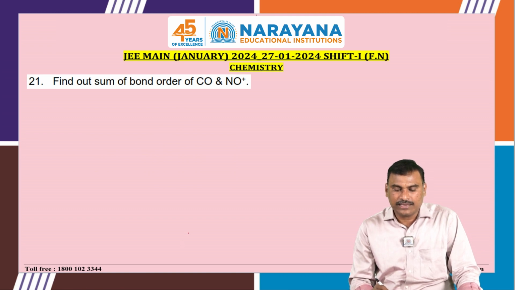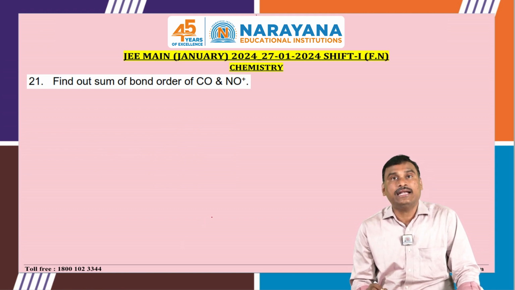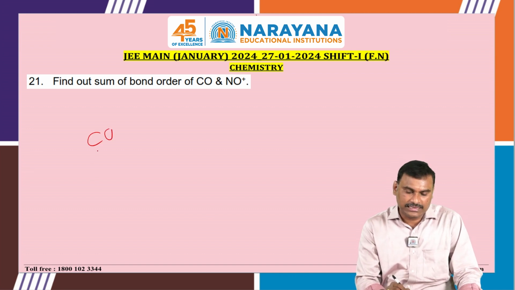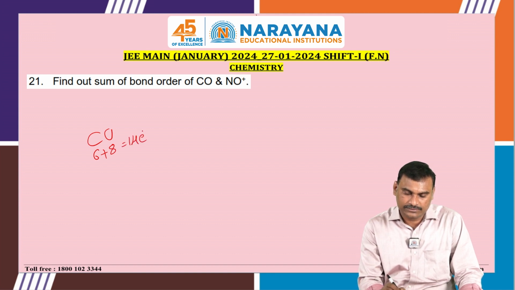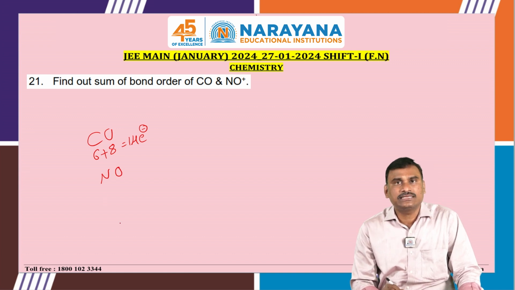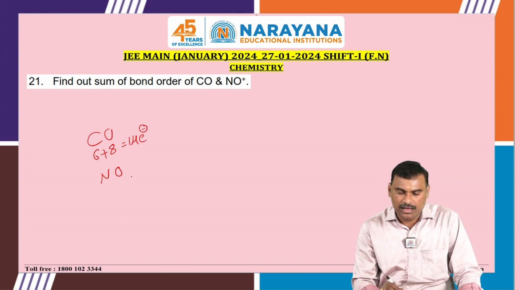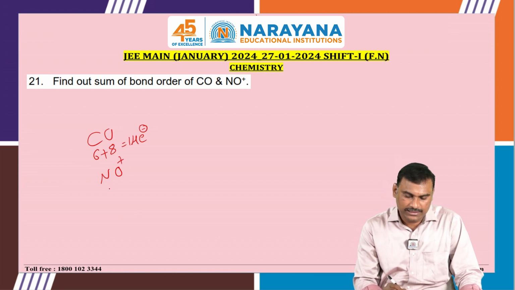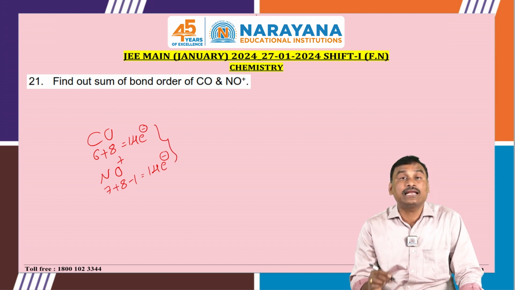Find out the sum of bond order of CO and NO+. CO: the number of electrons is 6 plus 8, 14 electrons. NO: nitrogen 7 plus oxygen 8, 15, but it is NO+, so 7 plus 8 minus 1, again 14 electrons. Both have 14 electrons.